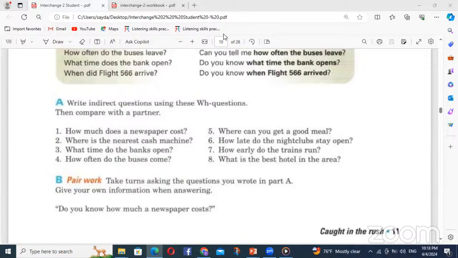Can you tell me where you can get a good meal? Or can you tell me where I can get a good meal? Where you can get a good meal. So: can you tell me where you can get a good meal? Do you know where you can get a good meal?